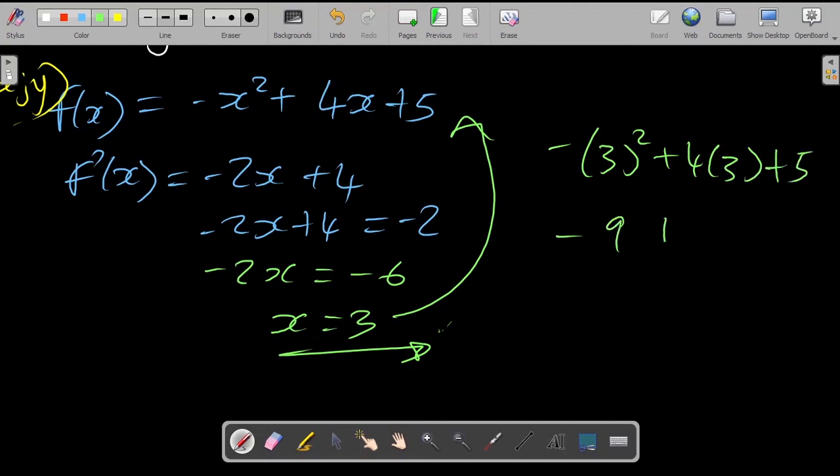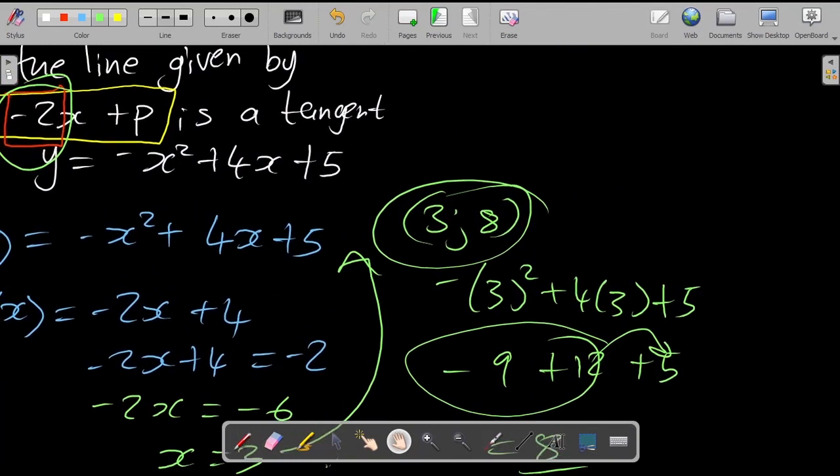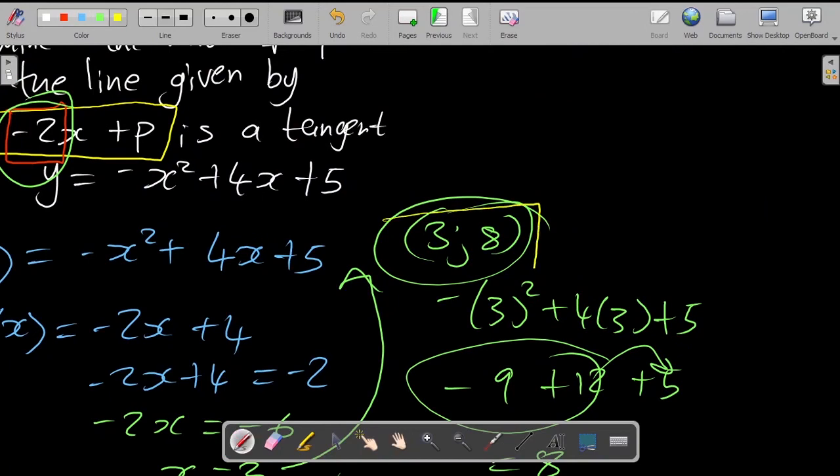So negative 9 plus 12 plus 5, this is 3, added to 5, that's basically 8. And our coordinates are now 3, 8. So we know now that the tangent is expected to pass through this point. And we have a partial definition of that tangent, which is this.